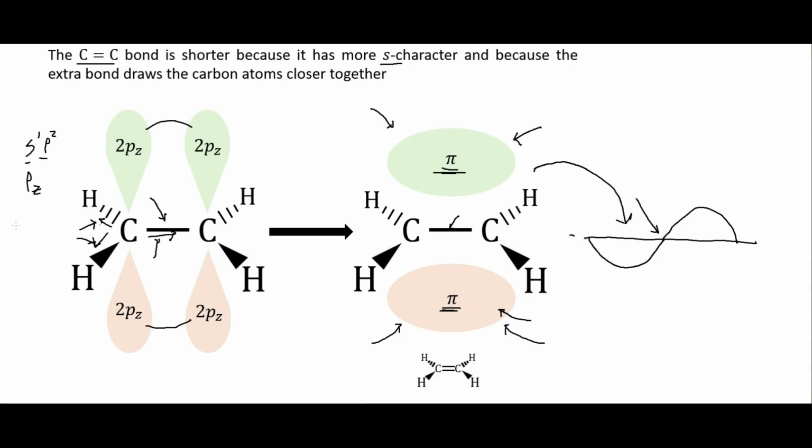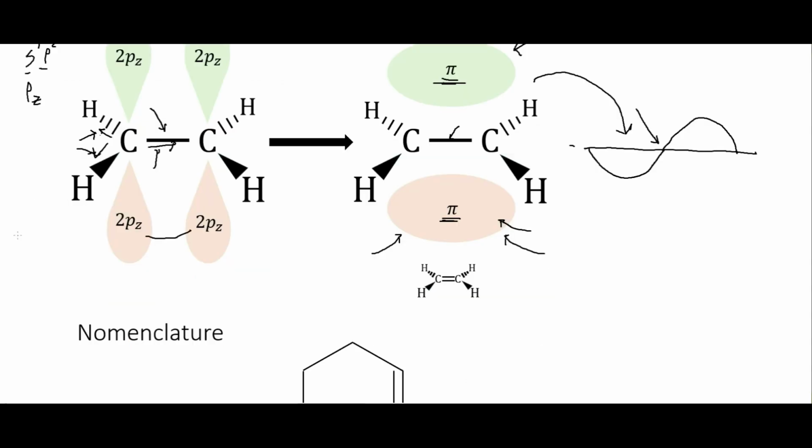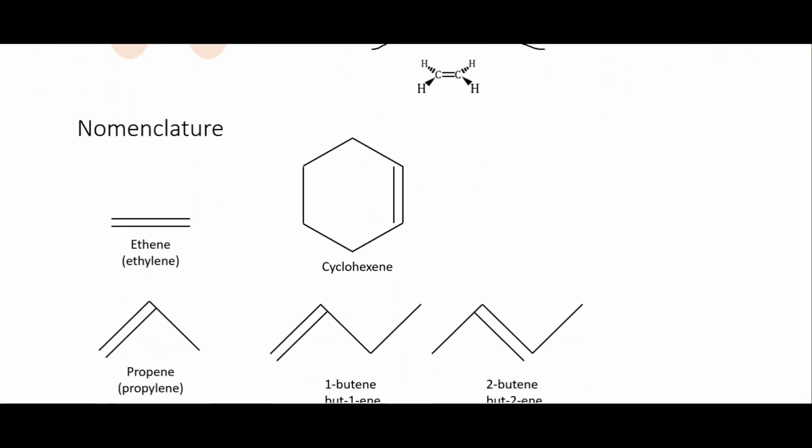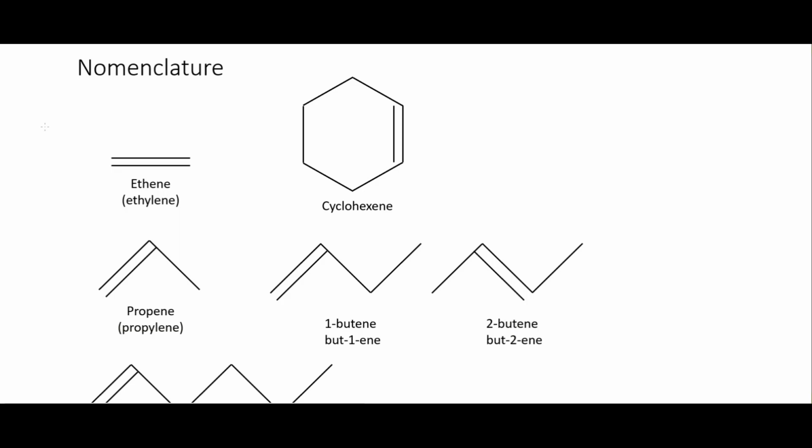But anyway, I don't want to ramble on about the quantum mechanics of it too much because we do have, as I said, naming to do. So the nomenclature: remember with alkanes, we called something that was a 2-carbon system an ethane. So here we just replace the ane with ene, so we have ethene.